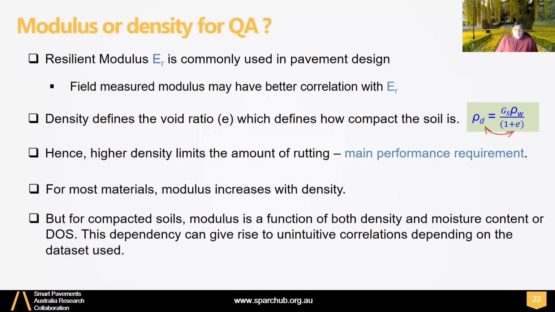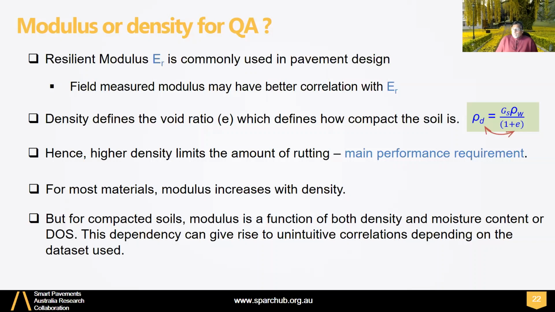So you get an inverted parabolic shape. If you plot instead bulk density against water content, you get a slight shift of the curve to the left. But it won't make a big difference.